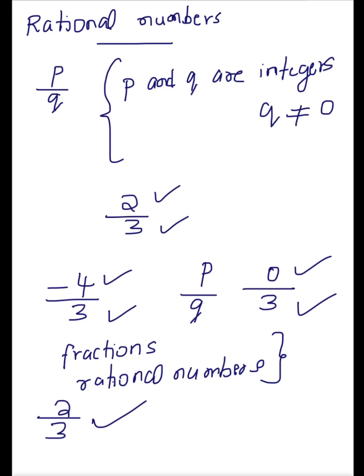In the denominator, for fractions as well as for rational numbers, there will not be 0. If 0 comes in the denominator, that number cannot be defined, so such numbers will not be there. But in the case of fractions there will not be any negative in either the numerator or the denominator, whereas in the case of rational numbers there can be negative integers. That's the only difference between them.